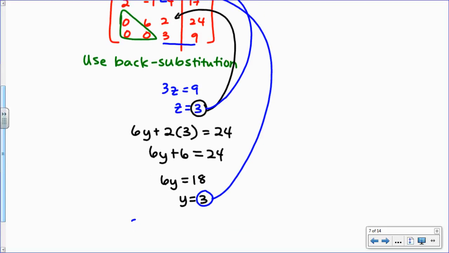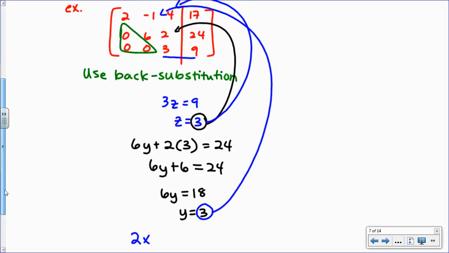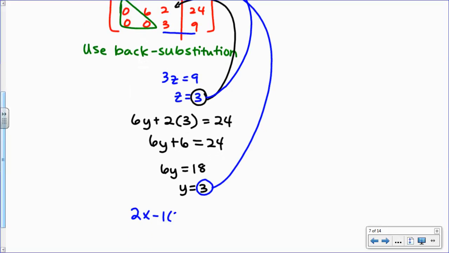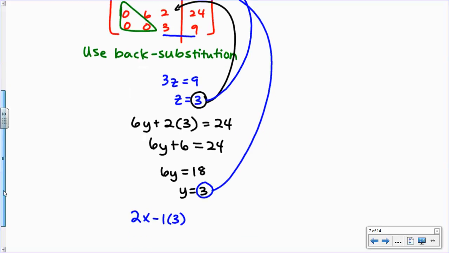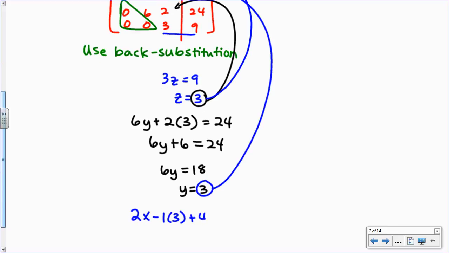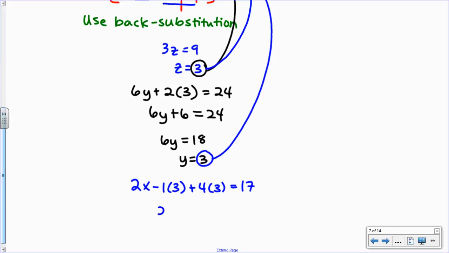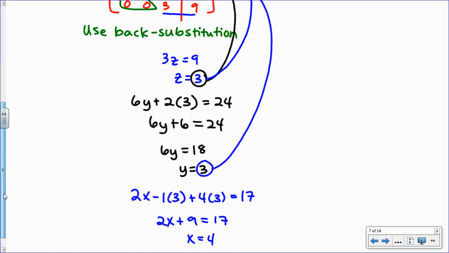So that's 2x minus 1 times 3 plus 4 times 3 equals 17. This is 9, and you get x equals 4. So your solution is 4, 3, 3.